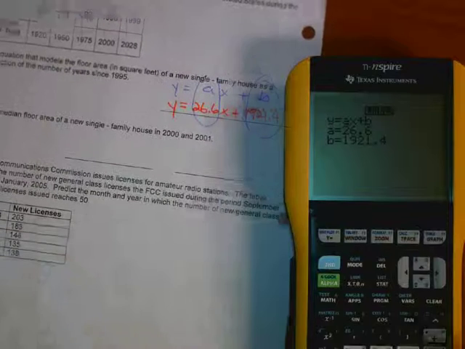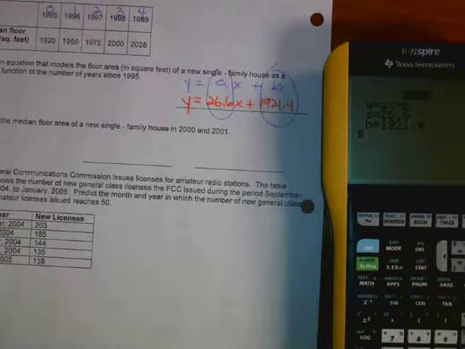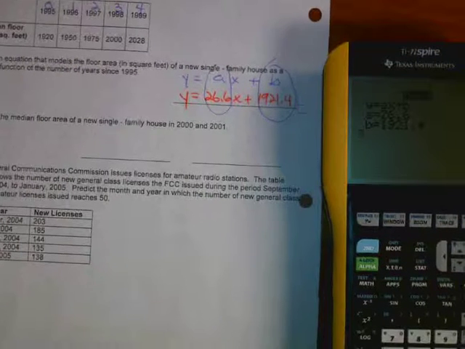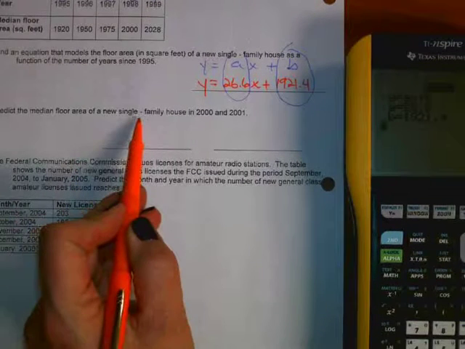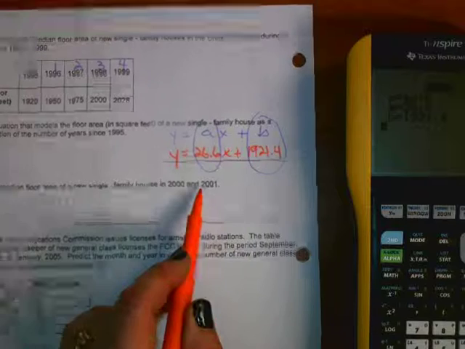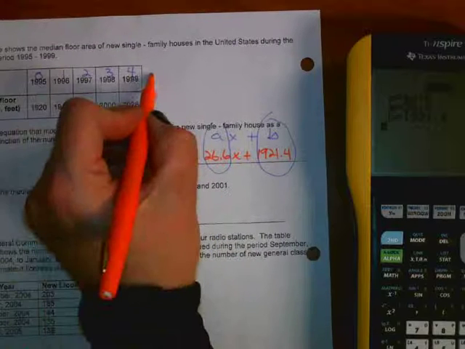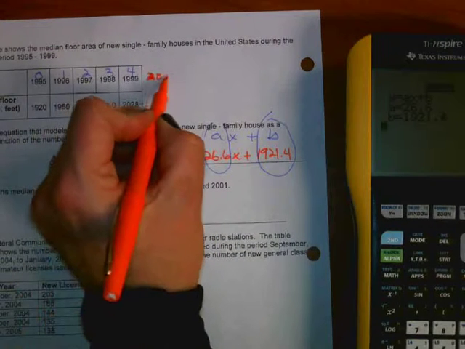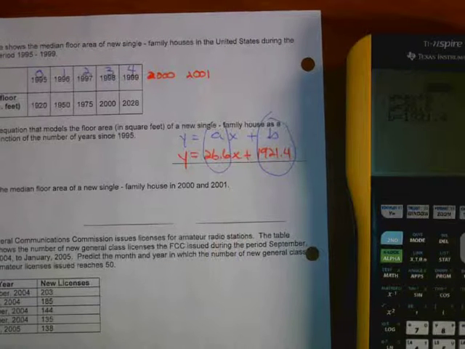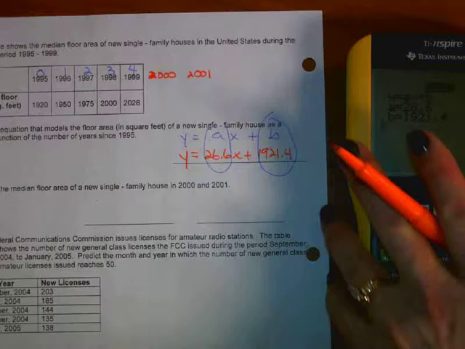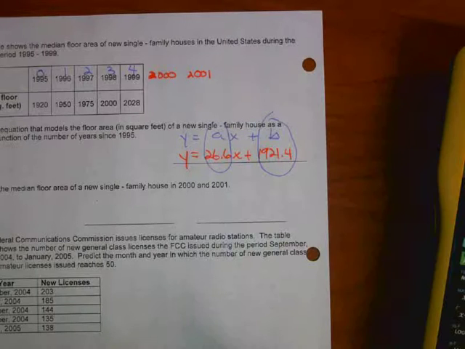All right, let's talk about this. Write this down. We're going to do another one, so you'll get another chance. This is your equation. Predict the median floor area of a single-family house in 2000 and 2001. Oh, wait a minute. 2000 is outside of my data range. So we're actually going to do what here? Extrapolate.